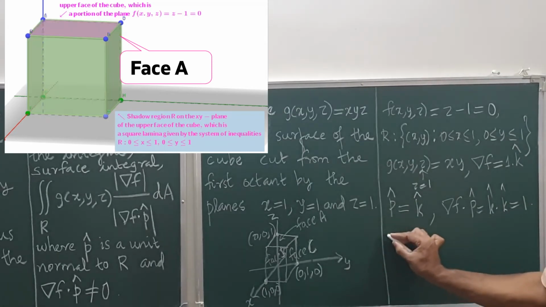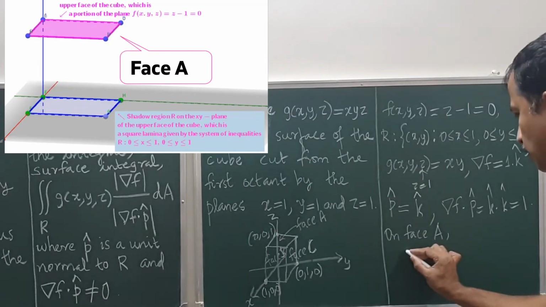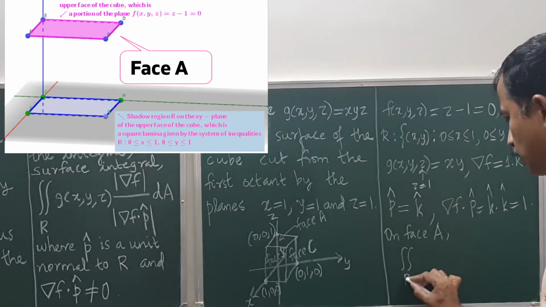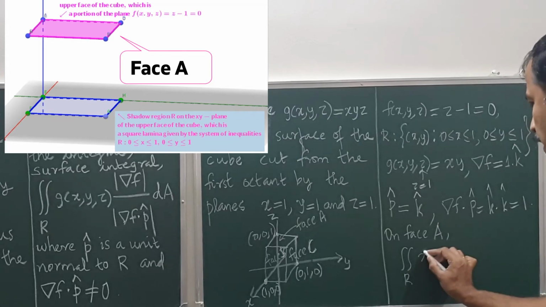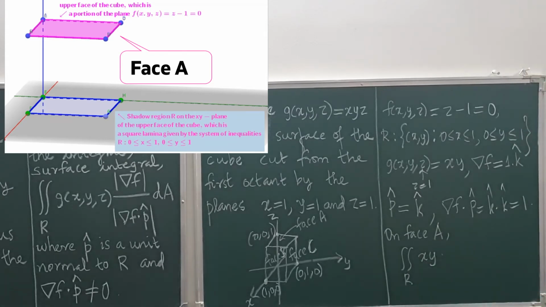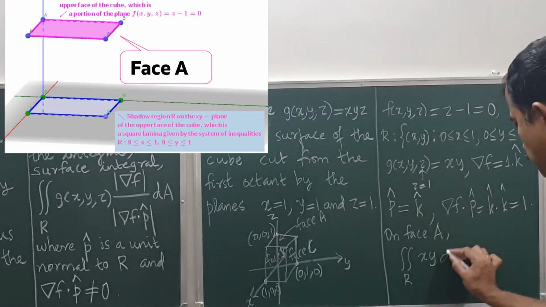So on face A, our surface integral will be the double integral over R of xy times what is the magnitude of grad f? That will be 1, because the magnitude of k is 1, divided by 1. So this is simply dA.